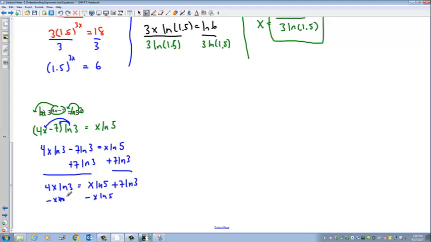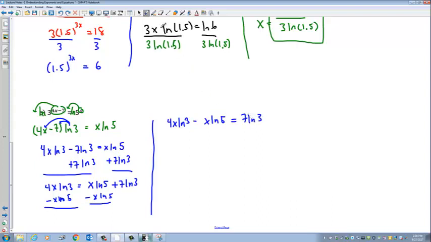So now at least I'll have all the x stuff on one side. And so over here, I'll write 4x ln of 3 minus x ln of 5, and it's equal to 7 ln of 3.